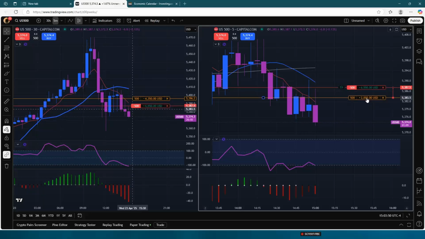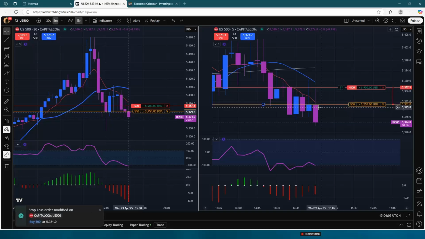But we want to lock in our position. I'm pretty confident that the price will continue down. However, if it comes back up, we will just lock in the profits between here and our entry line, which is right here.